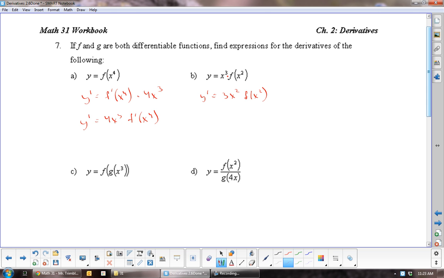The derivative of the first times the second plus the first times the derivative of the second would be f prime of x squared times 2x. Now we just want to get everything in the right form. This one's nice the way it is: 3x squared f of x squared plus the 2x can come in the front. That would be 2x to the 4 f prime x squared.